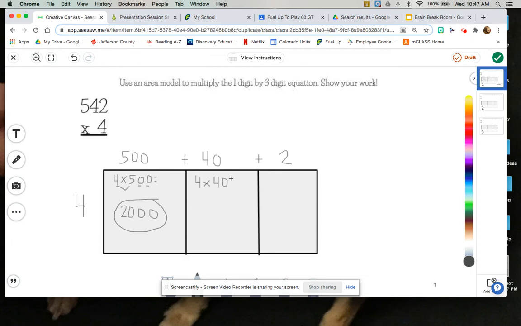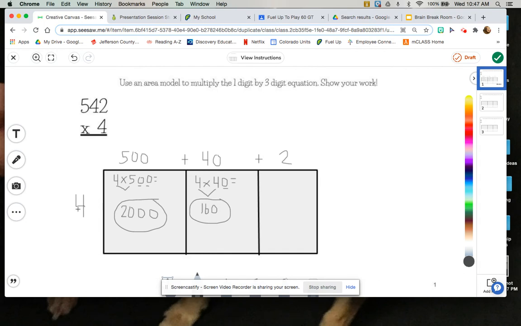Again, 4 times 40 is really hard, but I know 4 times 4 is 16. Then I have one place value holder right here, so I'm going to put it back into my problem. My new partial product or subproduct is 160.